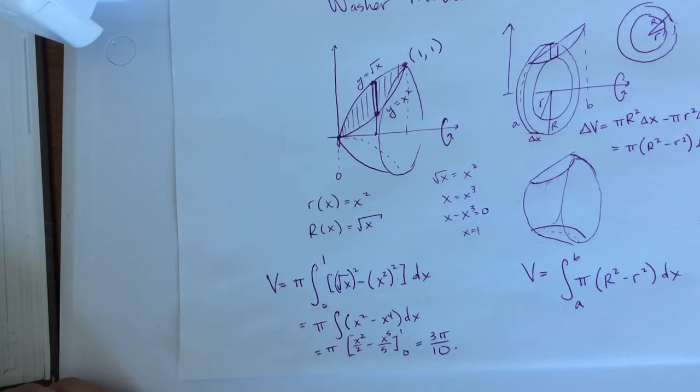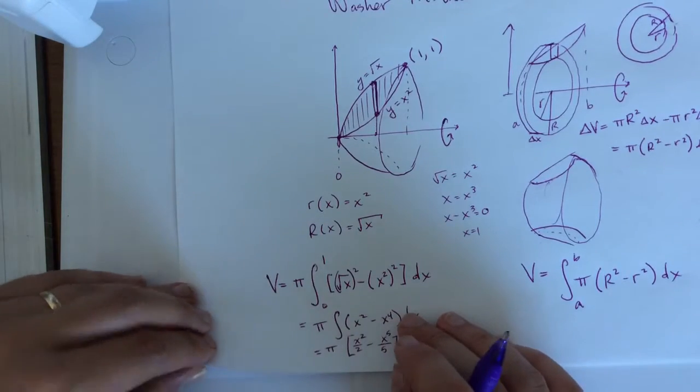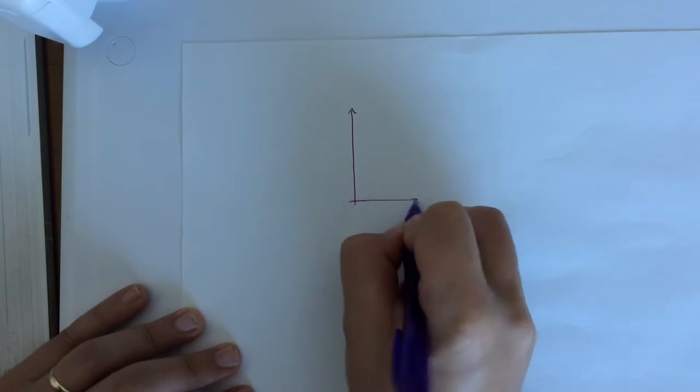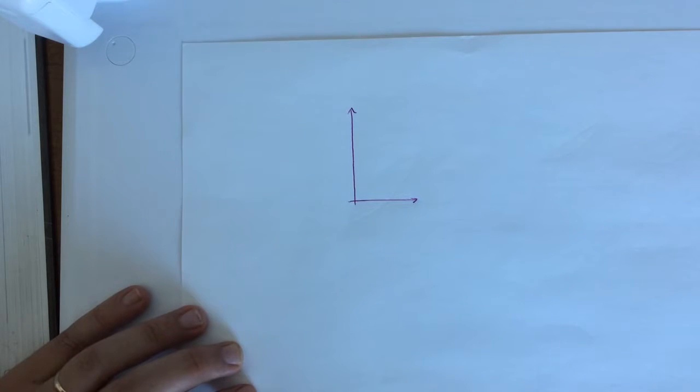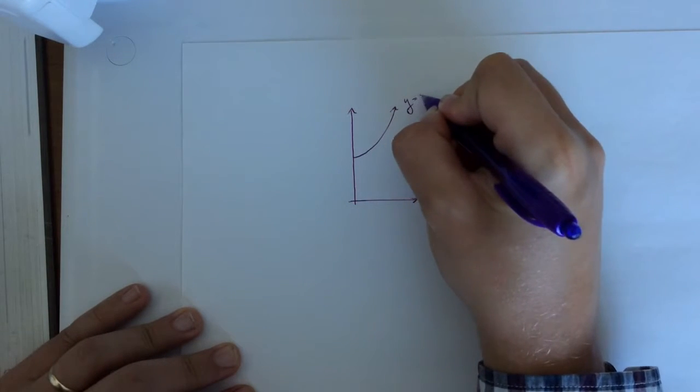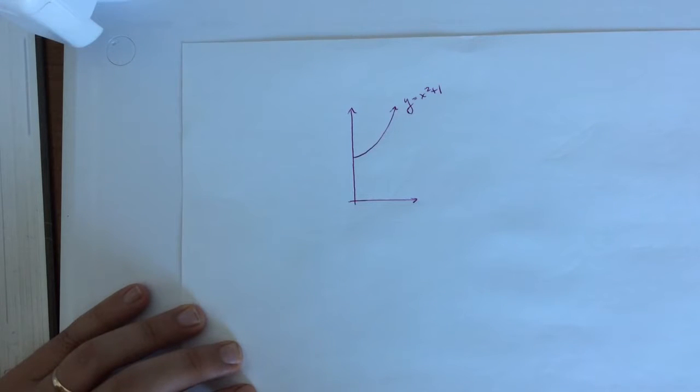So that is the disk method and the washer method. Let's do one where it might be advantageous to take the integral with respect to y. Let's find the volume of the solid of rotation formed by revolving the region bounded by the graphs of x squared plus 1 and the lines y equals 0, x equals 0, and x equals 1.